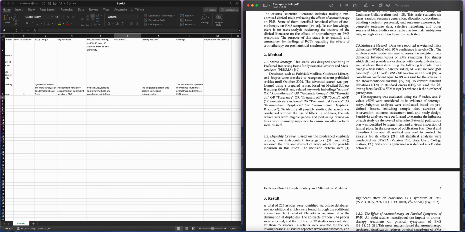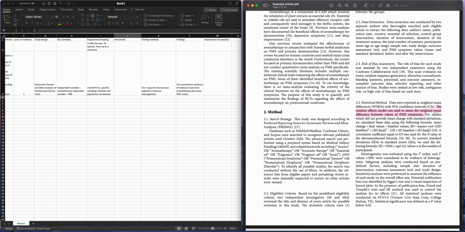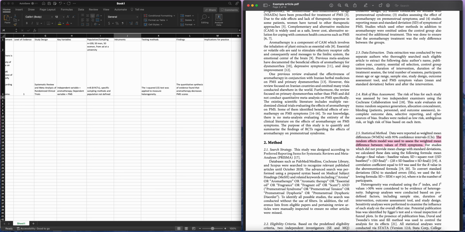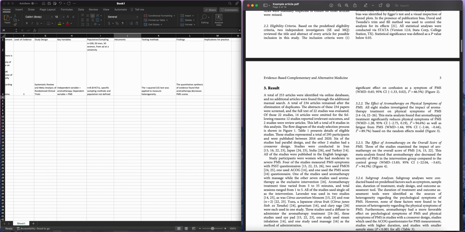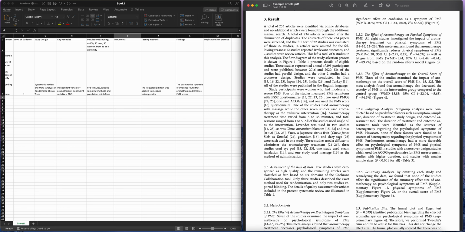The random effects model was used to assess the weighted mean difference between values of PMS symptoms. So that's one clue. I'm wondering if there is a specific tool or scale that they use to measure PMS. I'm shocked that I'm not seeing anything specific. This is the first time I'm looking at this article, to be honest.